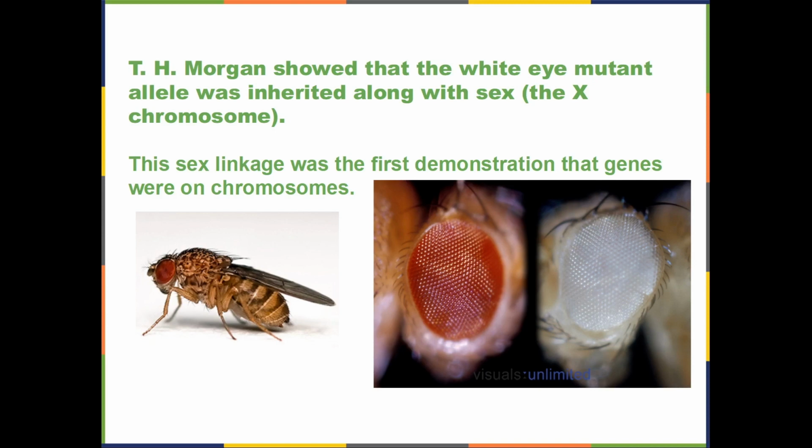T.H. Morgan showed that the white eye mutant allele was inherited along with sex. And this sex linkage was the first demonstration that genes were on chromosomes, genes being the hereditary particles.